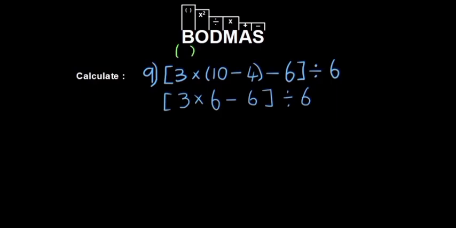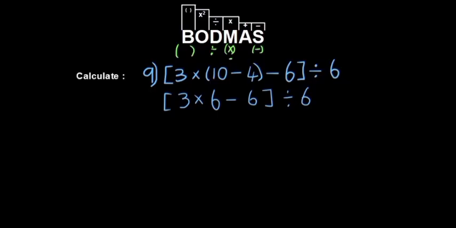So now we are left with multiplication and subtraction inside the bracket. And then we have division outside the bracket. So we'll simply do this multiplication here first because it's inside the bracket.